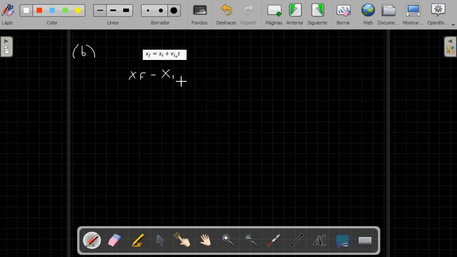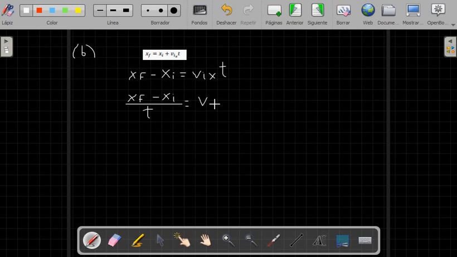And on this side it remains the initial horizontal velocity times the time. That time is multiplying, so it goes to the other side to divide. The final horizontal position minus the initial horizontal position divided by the time is going to be equal to the initial horizontal velocity.